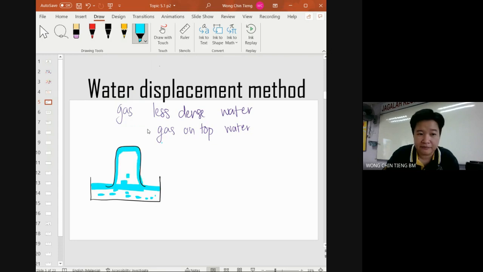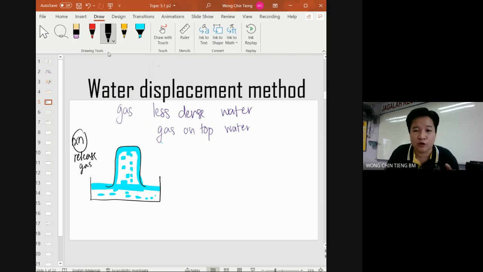Ni syarat dia. Okay. And then what happened, ladies and gentlemen, in the water displacement method, you have your reaction over here that will release gas. And the purpose in water displacement method is, I want to collect the gas. That is what we are going to do. So, we are going to collect the gas. Kita akan ada tube, kita akan masukkan tube ke dalam beaker. Alright, and then the gas will be released over there.